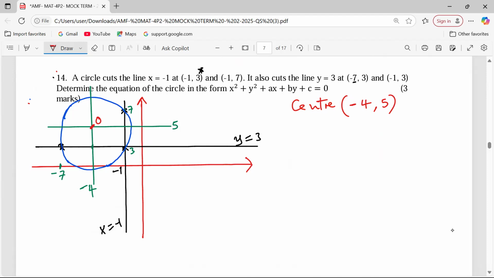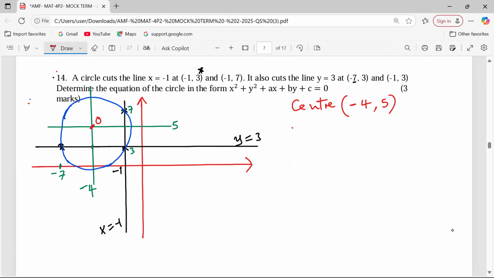Now that that is the center, what about the radius, which is again very sensitive? From the center to any point where the circle passes, because the circle is definitely passing through the points indicated there, we can use the center and any of the above coordinates to know the radius.